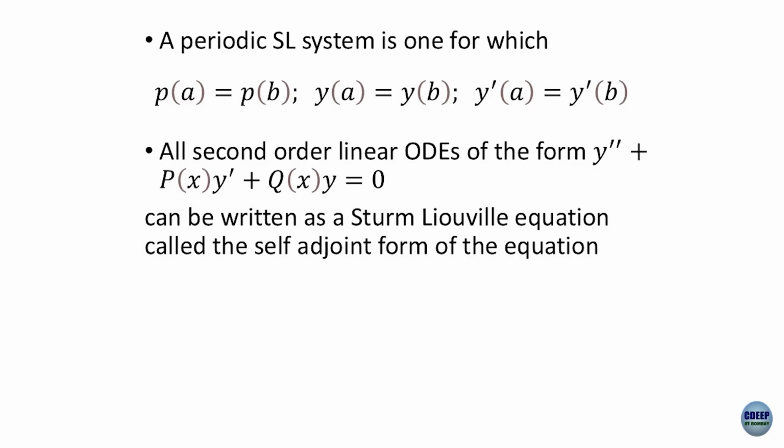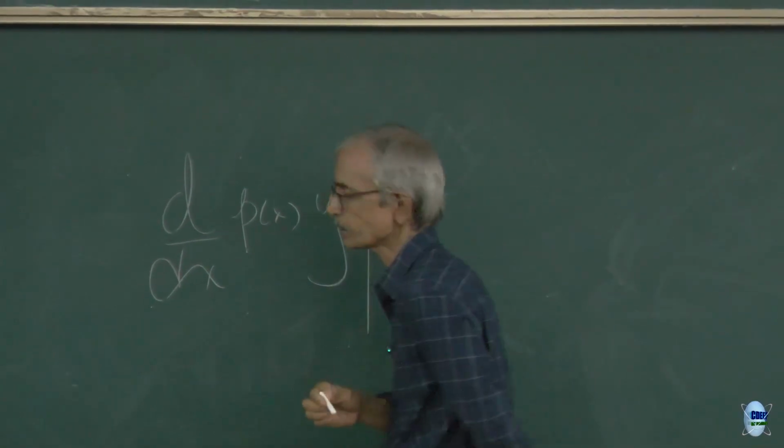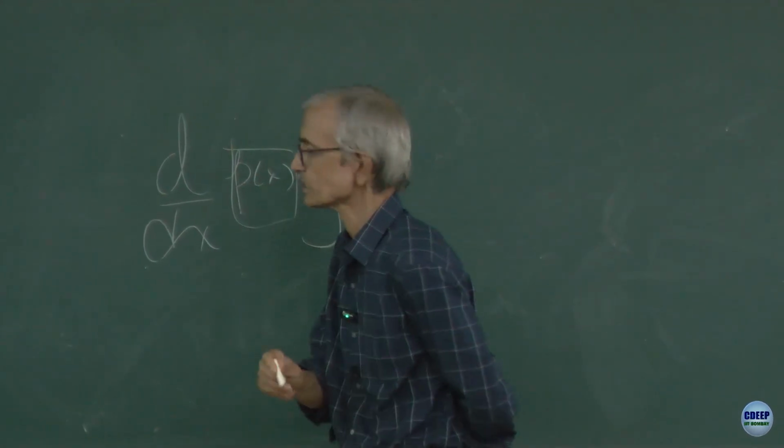And so what we also said was that this is the periodic Sturm-Liouville system that we are going to be seeing today. If the p(a) is equal to p(b), remember we have d/dx of p(x) y', this is that p(x) that we are talking about.